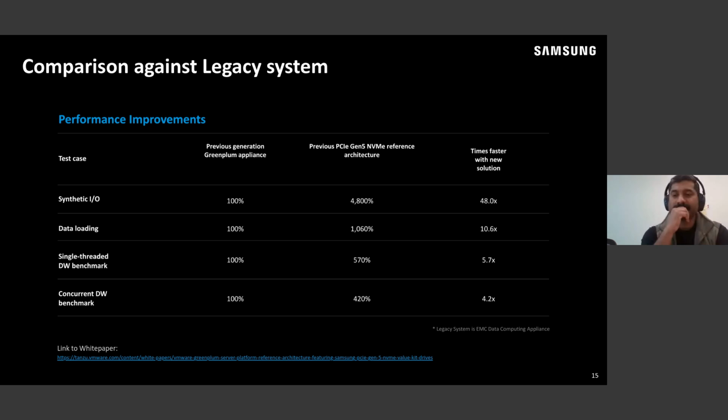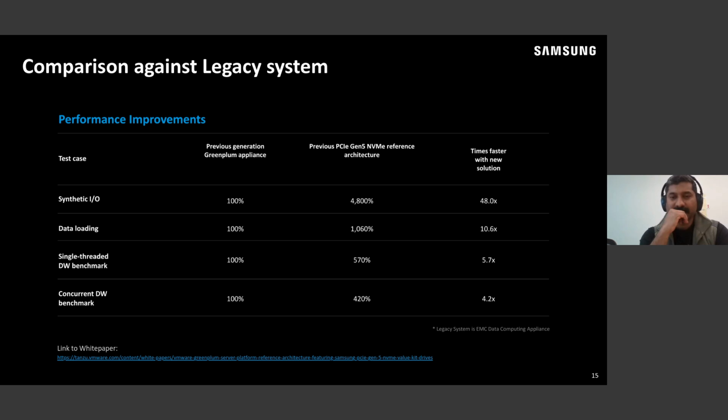The data computing appliance was doing something around 3 gigabytes a second per machine. Now at 120 gigabytes per second, it comes out to 48 times faster, just in terms of pure ability to do I/O.